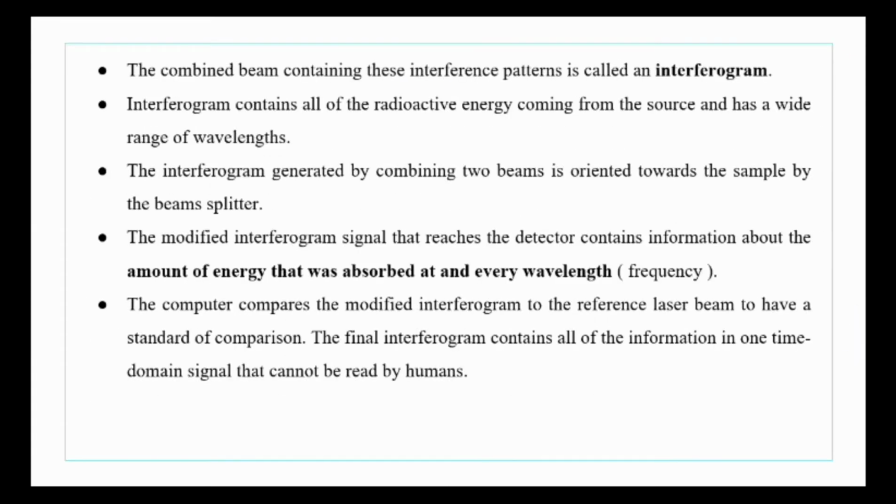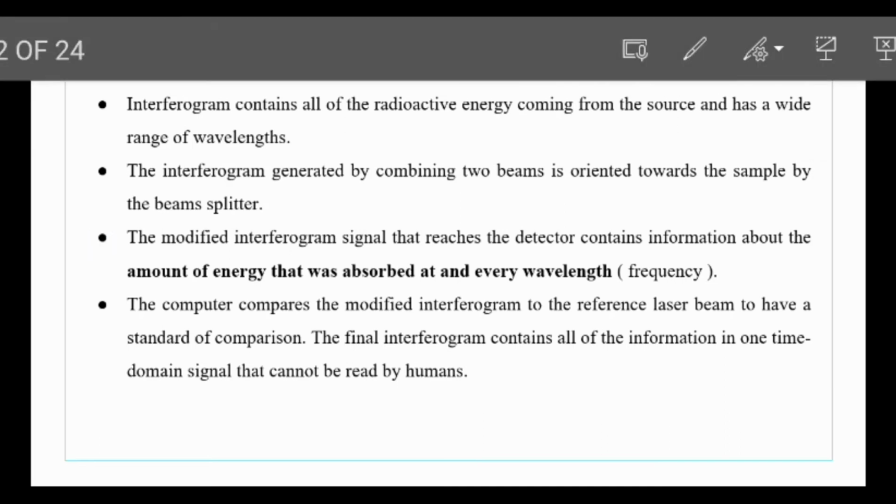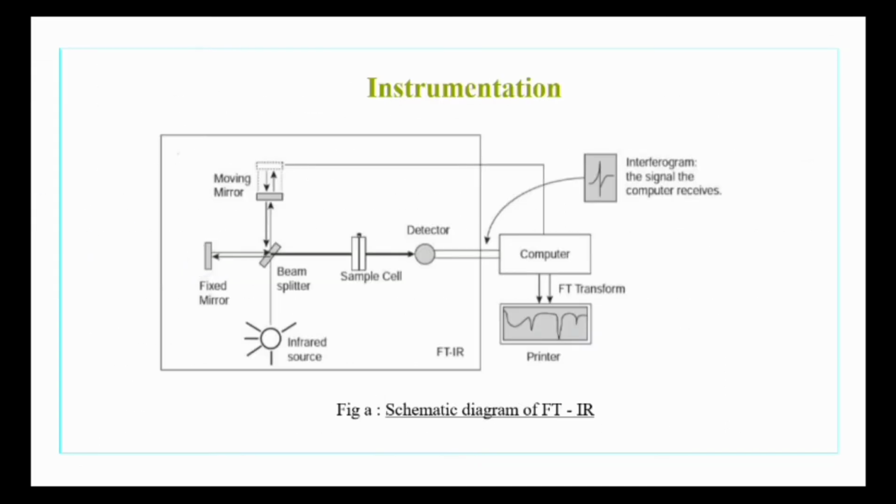Next, the combined beam containing these interference patterns is called the interferogram. Before reaching the computer, you can see we have mentioned in the diagram the interferogram. In between the detector and computer there is the interferogram, which is the signal the computer receives.